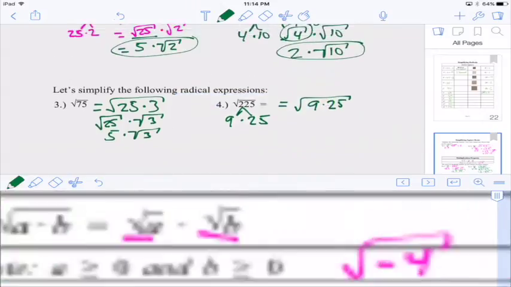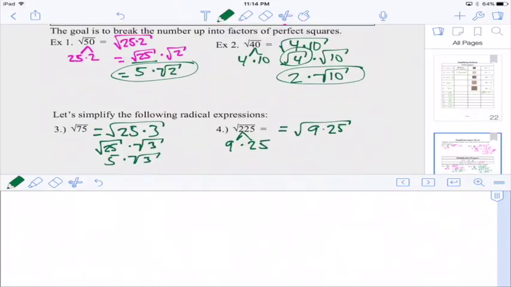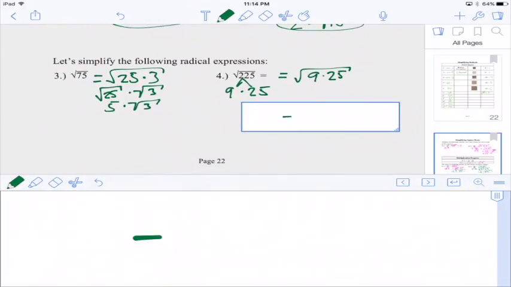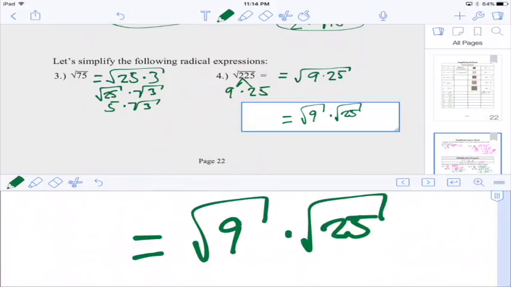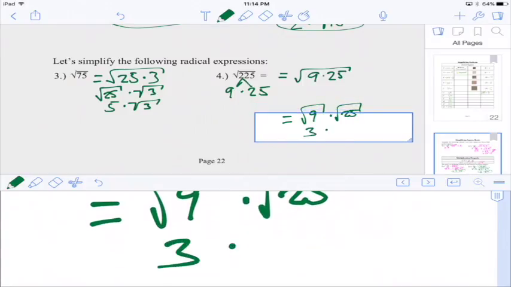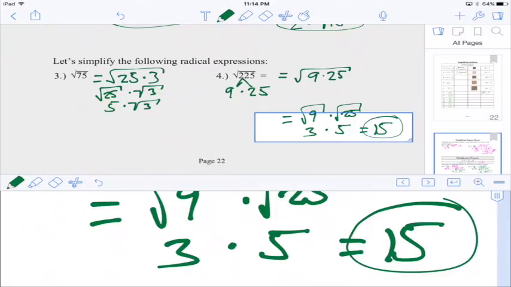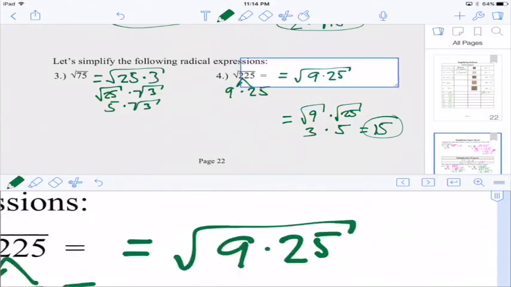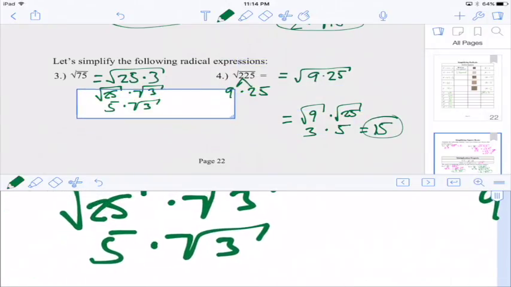Using my multiplication property, I can split that up into square root of 9 times the square root of 25. Well, both of those are perfect squares. Square root of 9 is 3, and the square root of 25 is 5. Well, 3 times 5 is 15. That one was a really nice simplification because we didn't have a radical left.